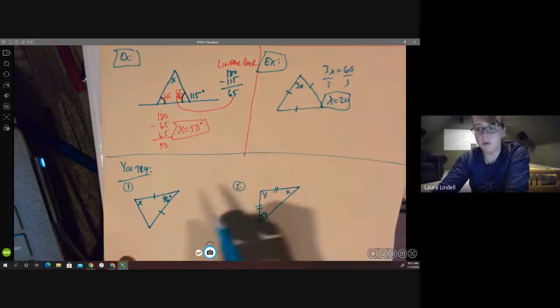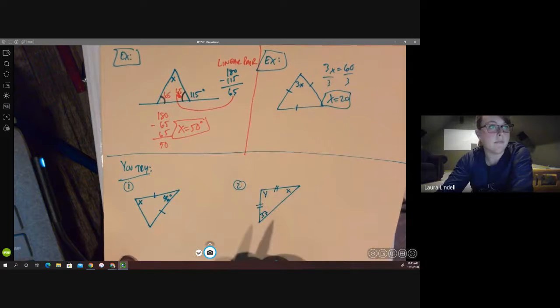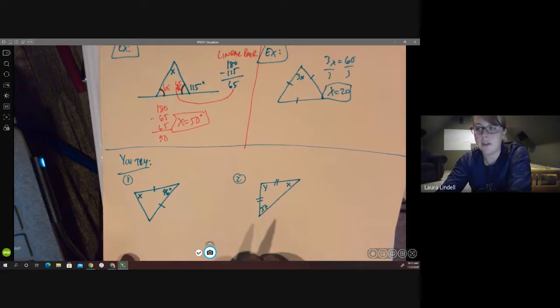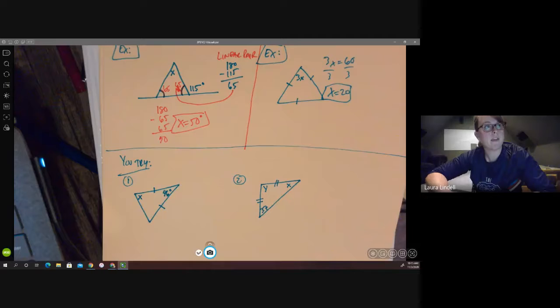All right, so on this one, we're looking for x. On this one, we're looking for x and y. So take a couple minutes, try these. These look a lot like our first 2 examples. Just throwing that out there.